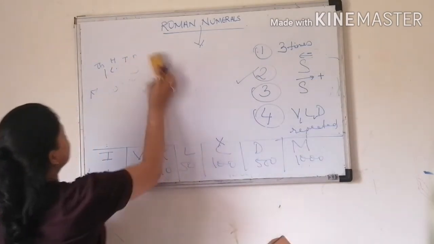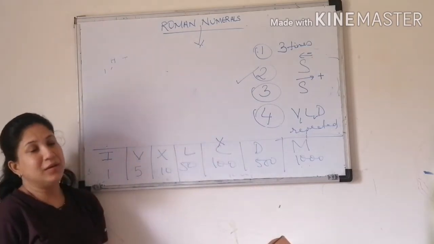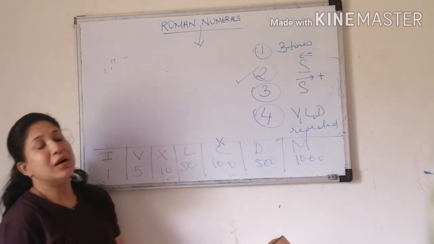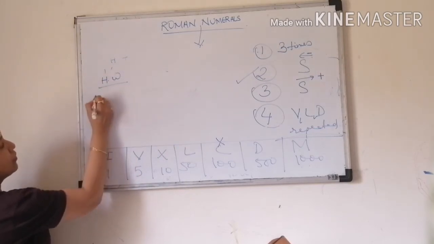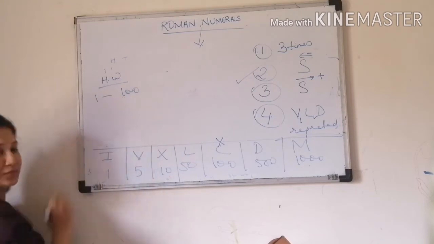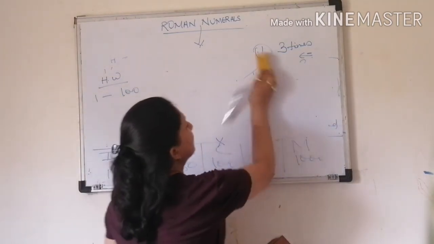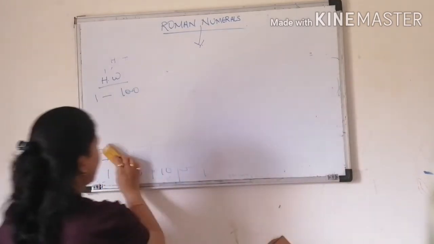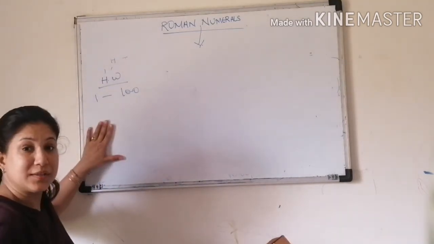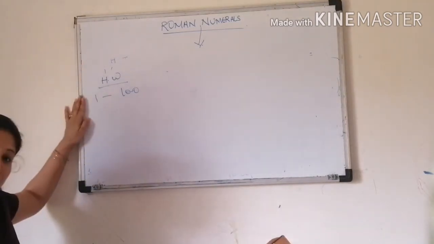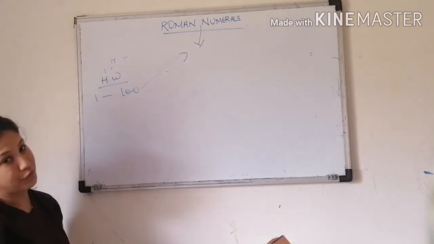Now children, here we finish chapter 1, including Roman numerals. I am giving you one homework. First thing, you will write 1 to 100 in Roman numeral form.